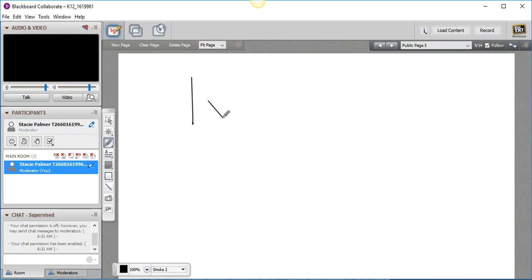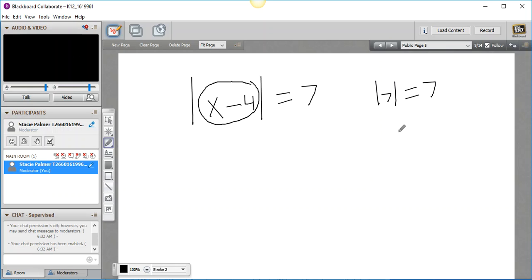Okay, so let's try another one. The absolute value of x minus 4 is equal to 7. If we're going to solve this absolute value equation for x, we know that if this x minus 4 is a 7, the absolute value of 7 is 7. Or if the x minus 4 is negative 7, the absolute value of negative 7 is also 7.